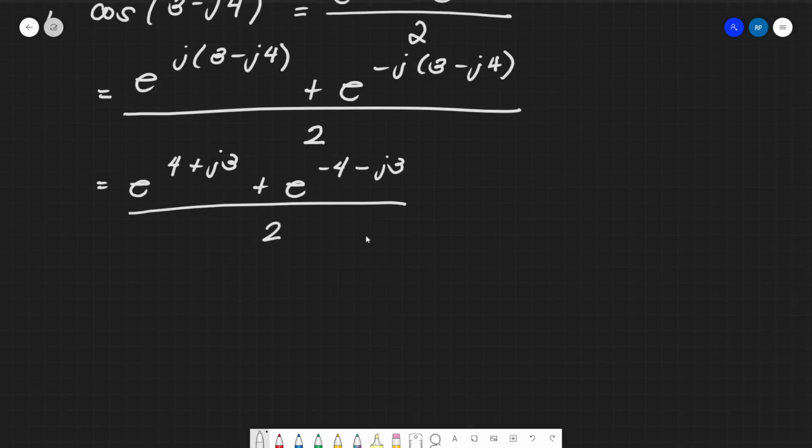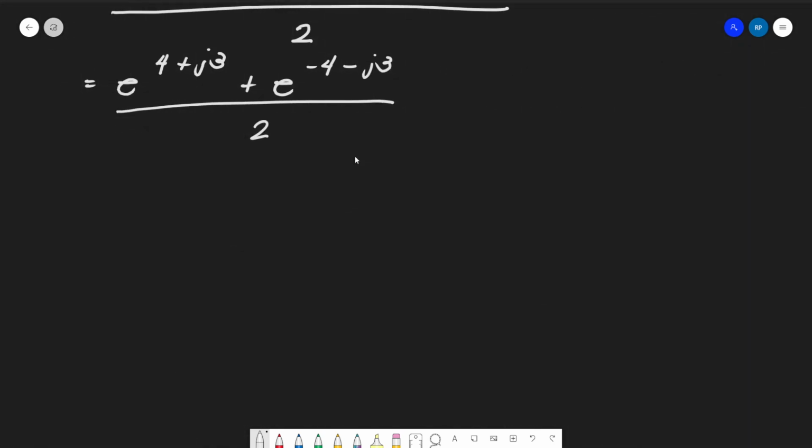Okay? Next, alam natin na rules of exponent, if we have a raised to m plus n, diba this is equivalent to a raised to m times a raised to n. So, gawin natin ganun yung exponent natin, kasi kailangan natin siyang ma-convert from exponential to rectangular form.